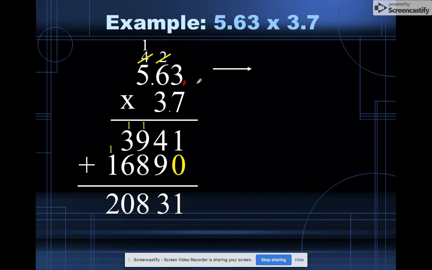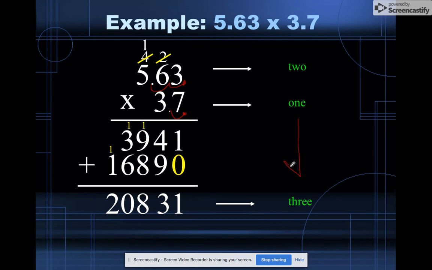And we're going to count how many spaces this decimal has moved. So it's moved over 2 spaces. 1, 2. And then we're going to do the same thing down here. It's moved over 1 space. And then we're going to add those together to figure out where our decimal should go. So 2 plus 1 is 3.